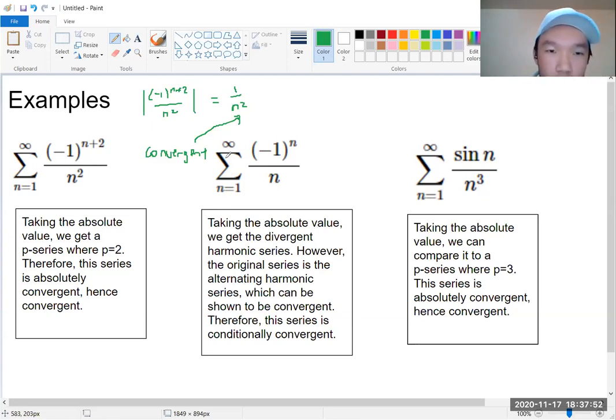All right. Let's take a look at this example here. So this one, let's see what happens if we take the absolute value. So absolute value of -1 to the n over n, that just gives you 1 over n. And 1 over n, that was one of the special series that we looked at in an earlier chapter. So this one is called the harmonic series.